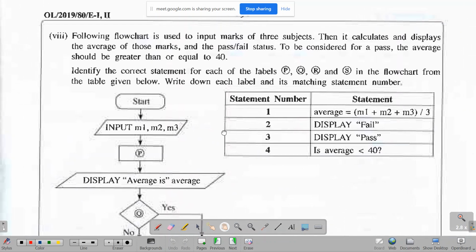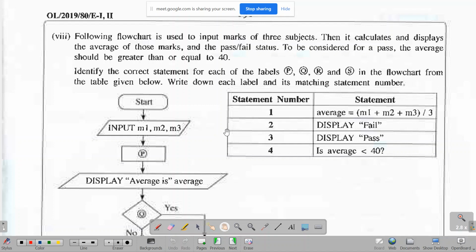What they are saying is they are given a particular output regarding 3 input marks for 3 subjects, and they calculate and display the average, as well as whether that particular student passes or fails. So that's the algorithm. You need to take 3 inputs, then calculate the average out of it. According to that, they have to decide whether he is pass or fail.